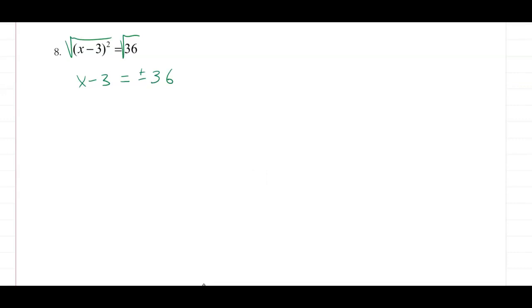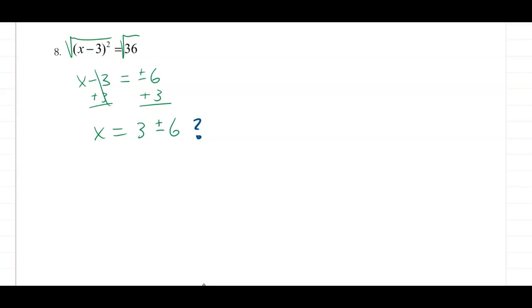Now this problem has a little bit of a twist to it, you might say. We have to do something slightly different here. We do still need to isolate the x though, and so we're going to get x is equal to 3 plus or minus 6. Now, what do we do with that?